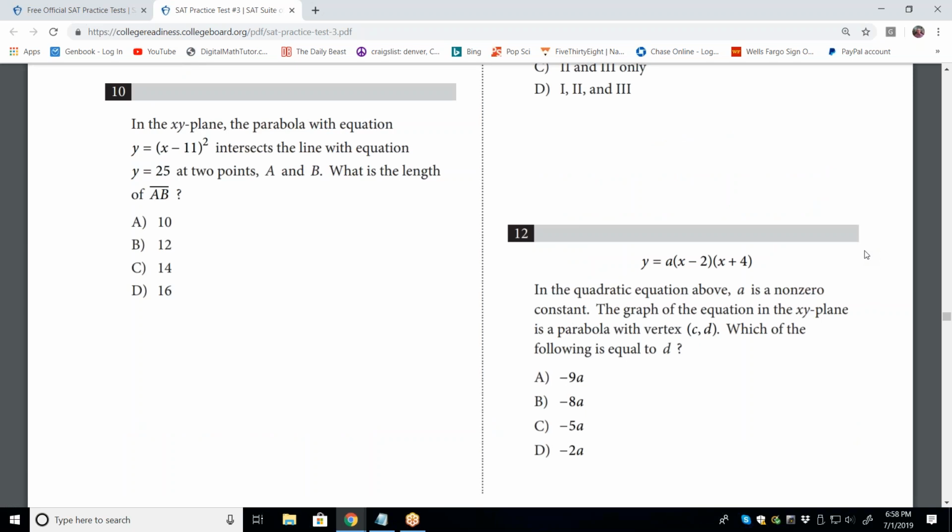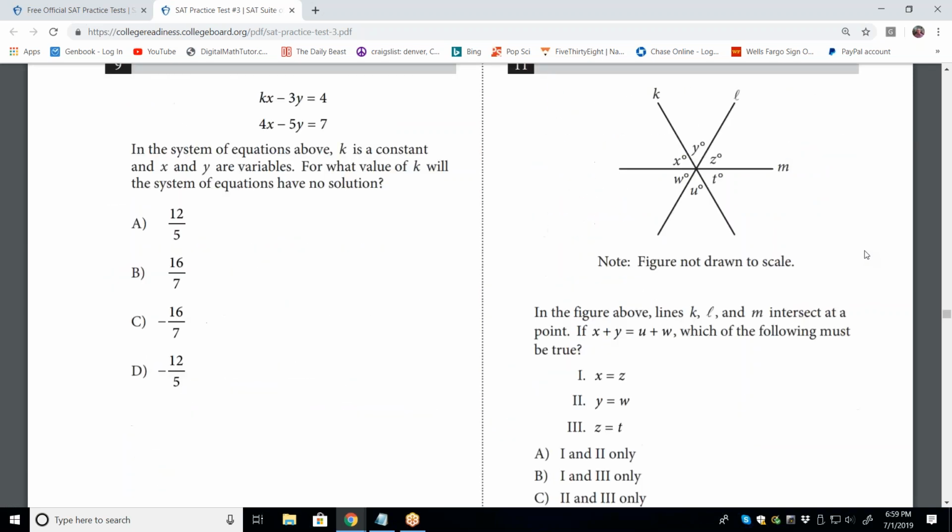I'm not looking for hard problems. 10 is not. 10 is hard also. Boy, it's like this thing changed instantly.